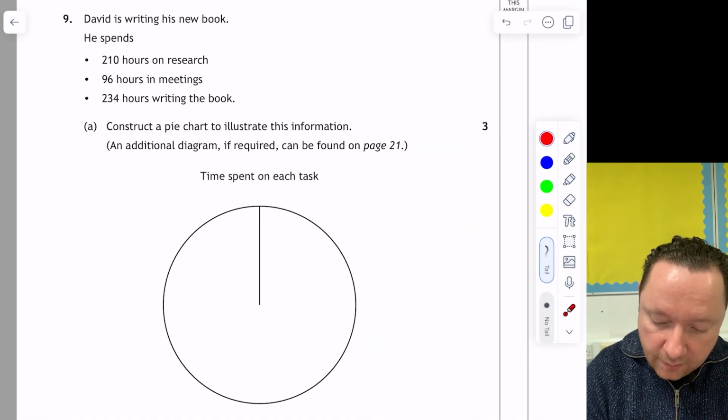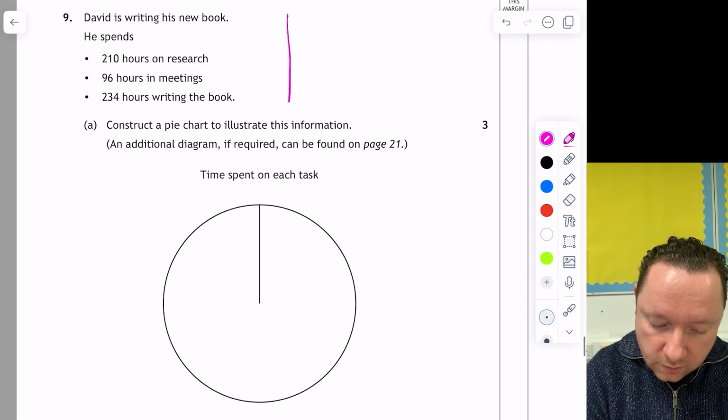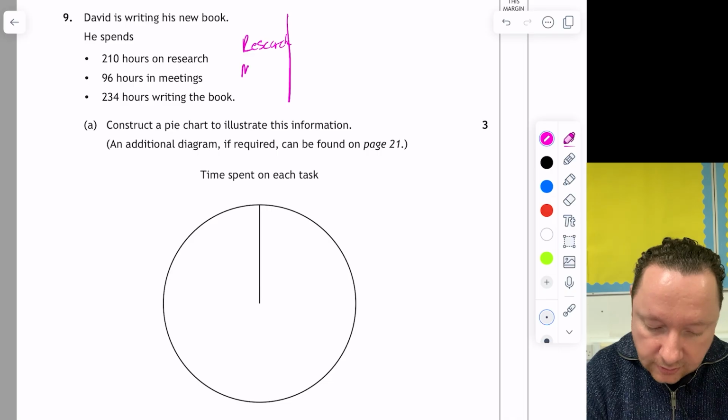So if I make a little table at the side here, I've got, let's call it research, meetings, and writing. We know our total is 540, so to get our angle, it is the number out of 540 times 360.